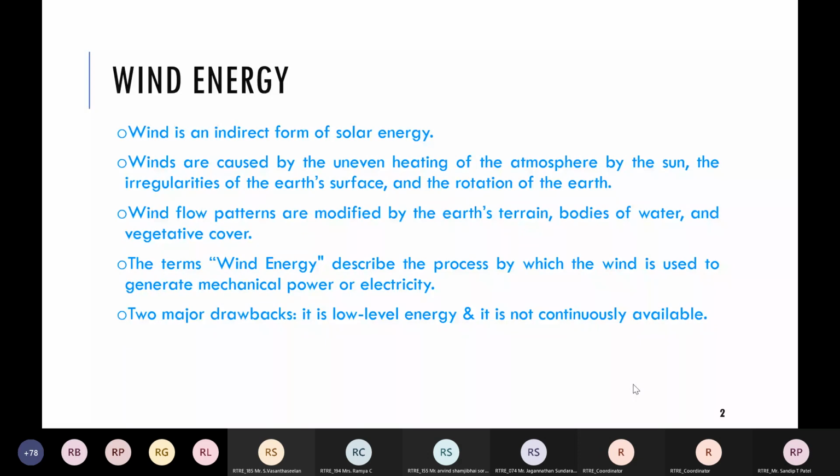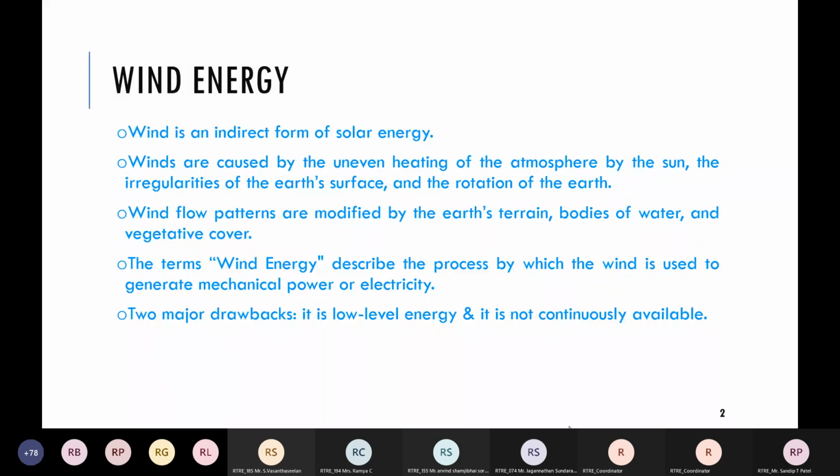It has a low potential, and it is not continuously available. It is always varying. It depends on so many factors. Like during midday, the wind would be highest. During midnight, it would again take a peak. But in the meantime, the variation is there.